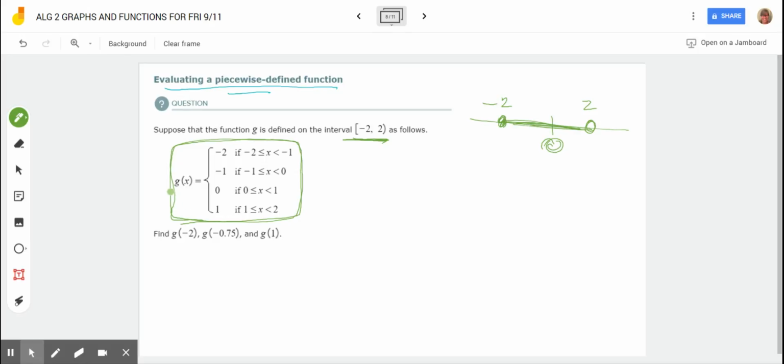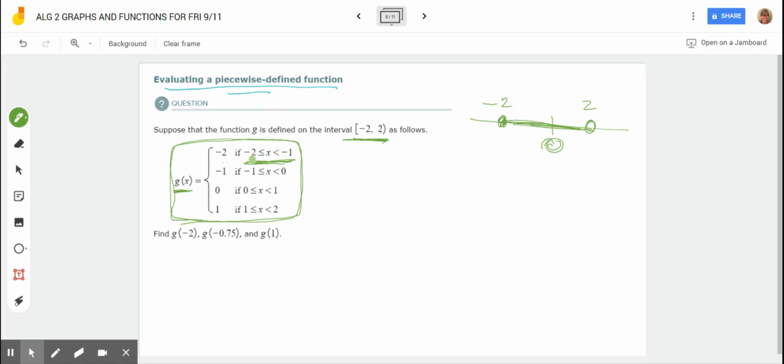So here's a function that has multiple outputs for different inputs. Read it like this. Here's the function g of x. The function g of x is equal to -2 if x is between -2 and -1.